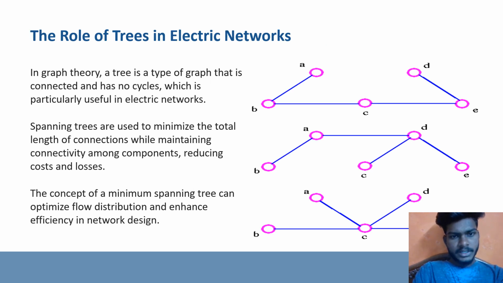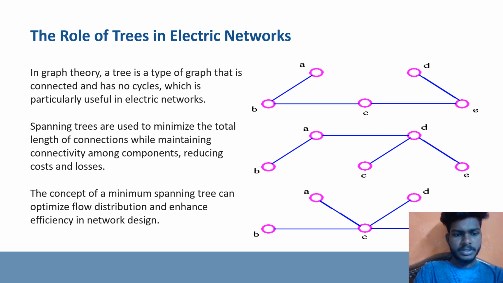The role of trees in electric networks. In graph theory, a tree is a type of graph that is connected and has no cycle, which is particularly useful in electric networks. Spanning trees are used to minimize the total length of connections while maintaining connectivity among components, reducing costs and losses.